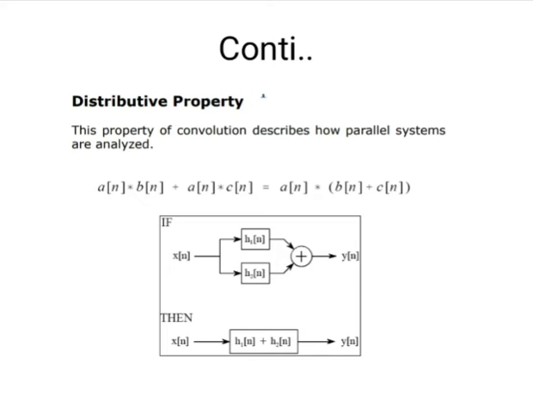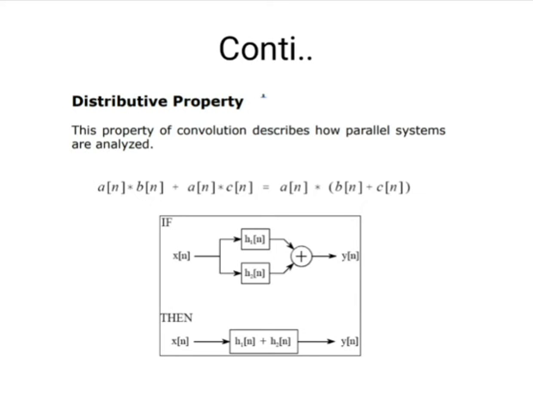So a linear time invariant system has two properties, the linearity property and the time invariance property.